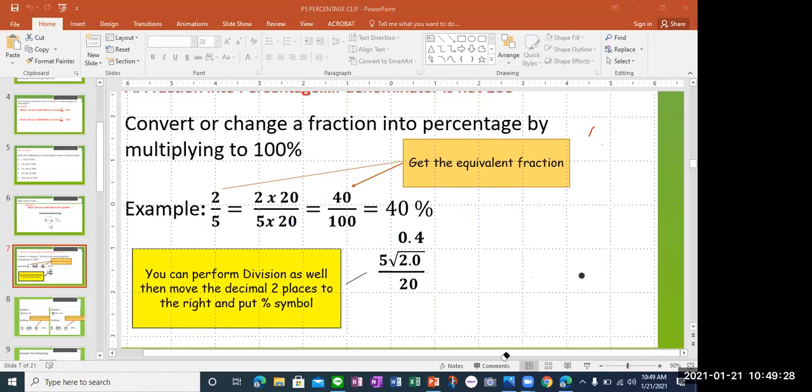I have another example on the screen. This time, how do you convert or change a fraction into percentage? By multiplying by 100. So you listen. Here we have your example in color.